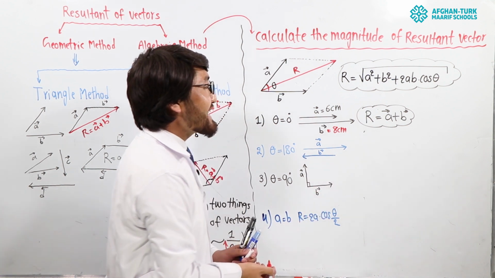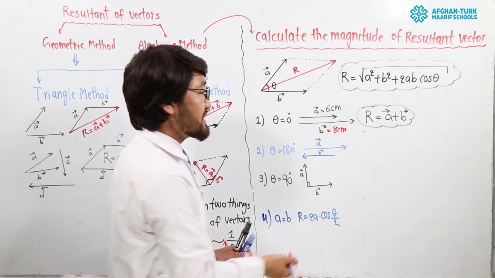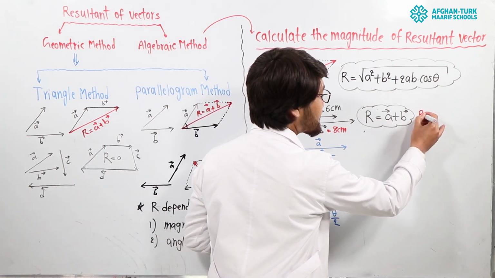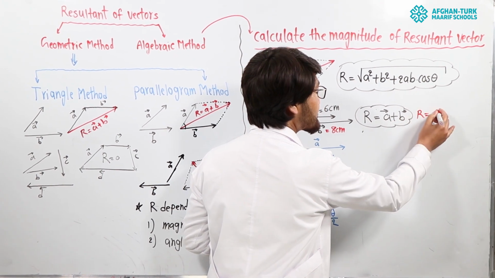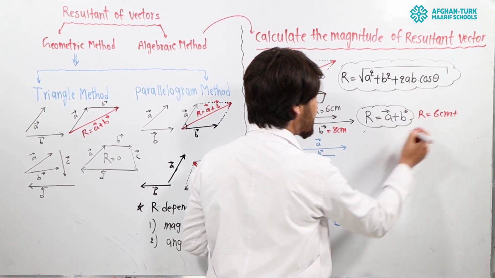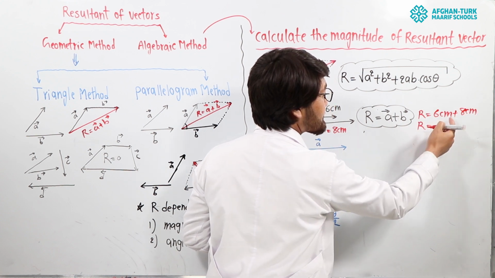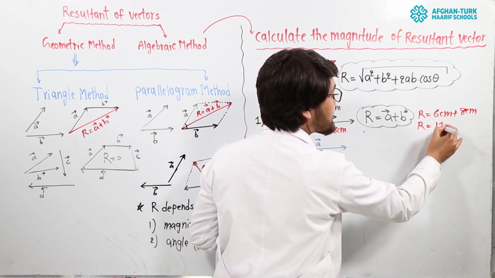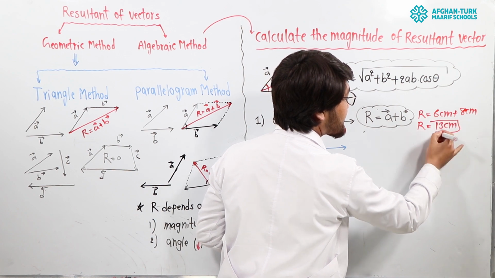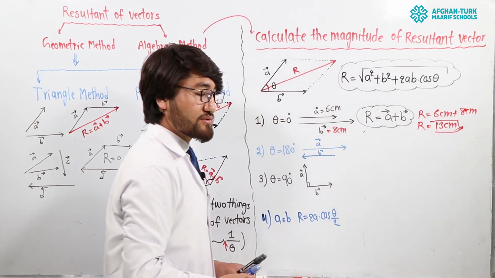What is the magnitude of the resultant? R is equal to 6 centimeters plus 8 centimeters. The answer is 14 centimeters. This is the resultant vector.